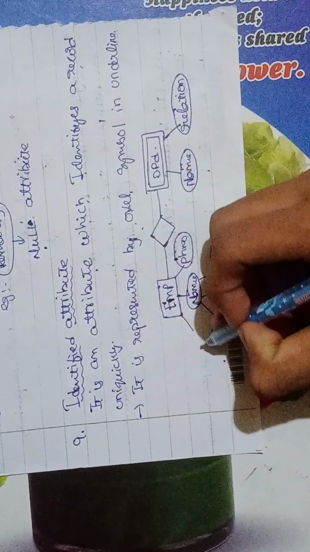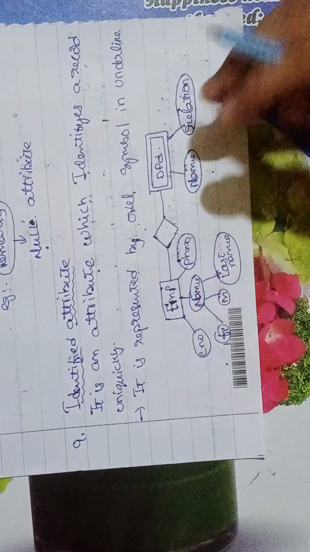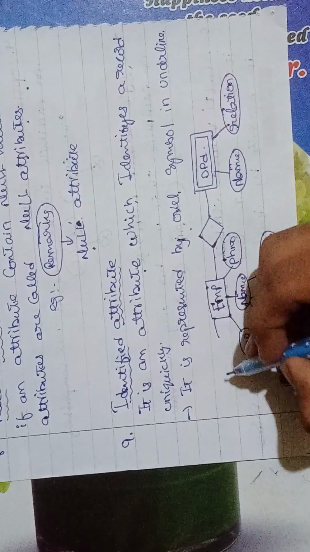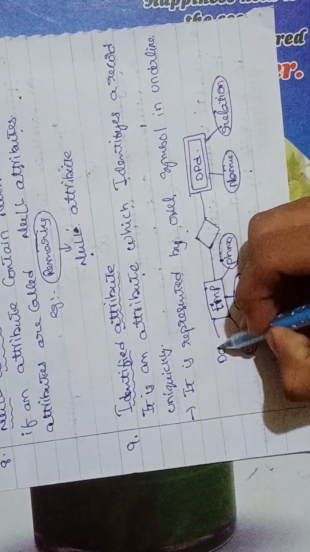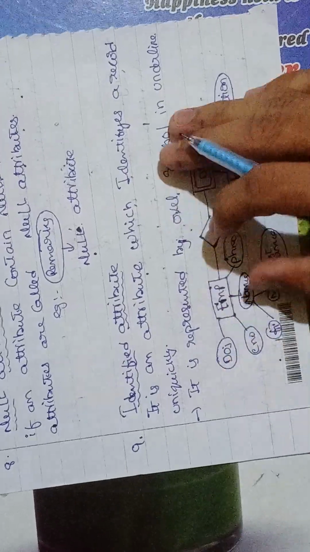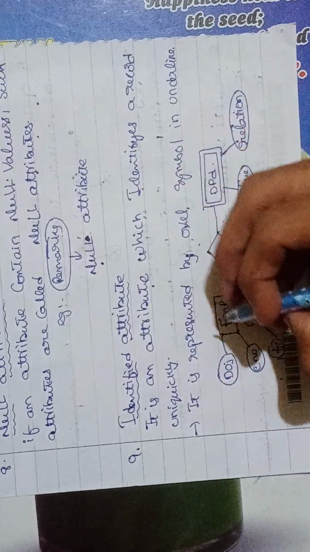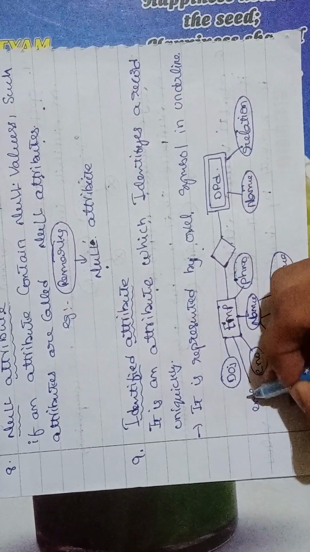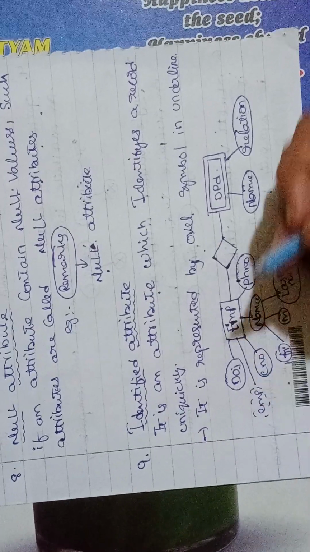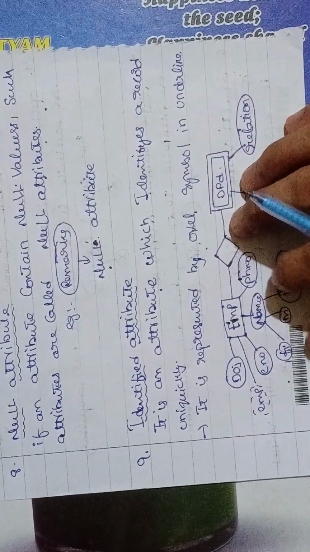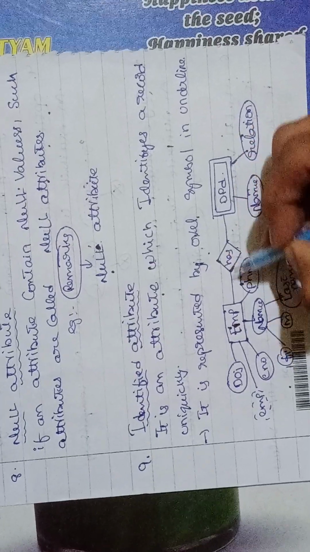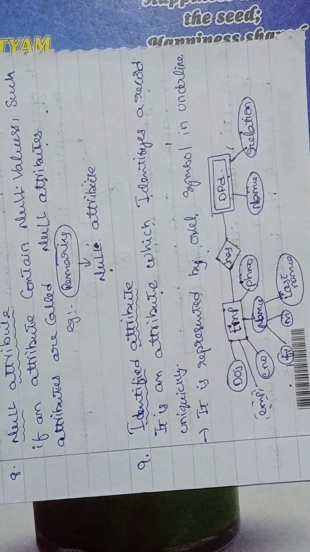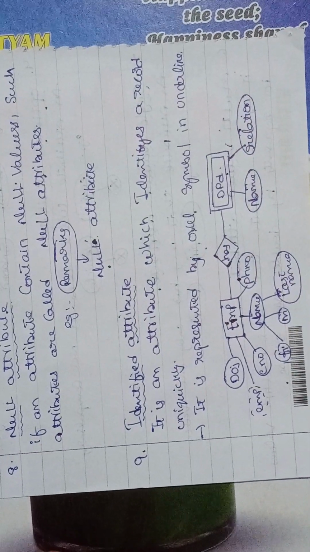And employee has number. Okay, and employee when joined, means date of joining, and it has experience. Employee has experience, it is denoted by a dashed oval. Employee has dependent, means it has a relationship with parents or children and family members also.